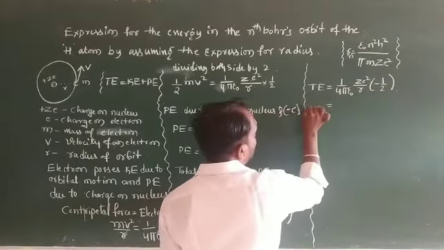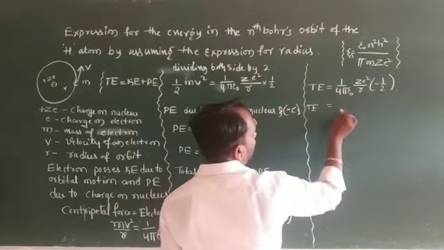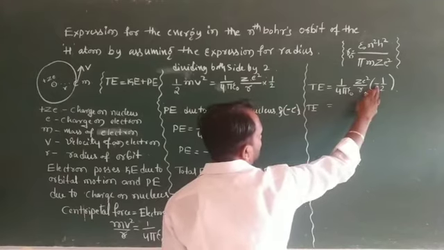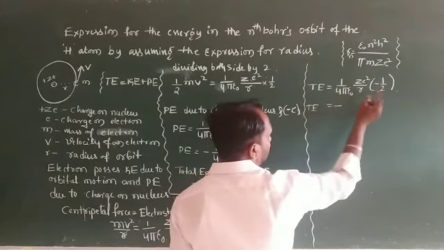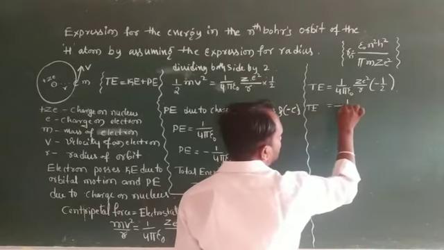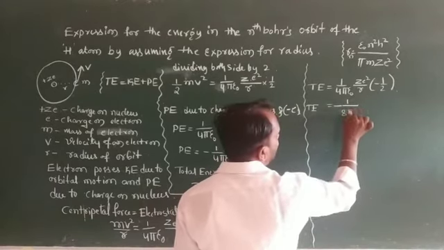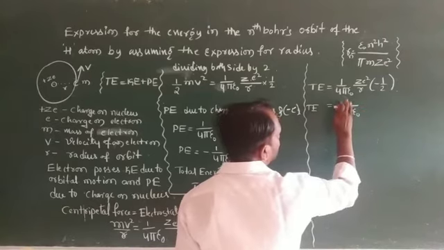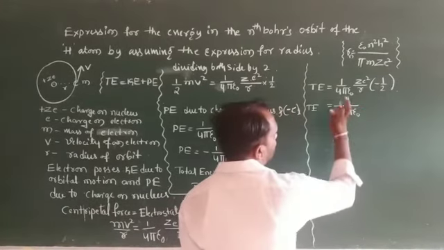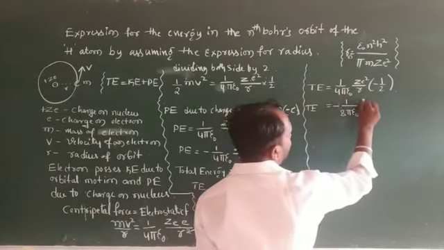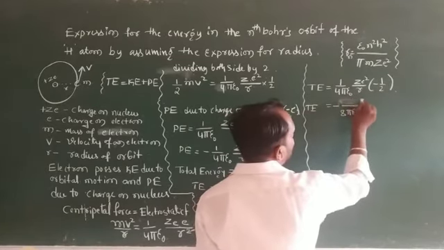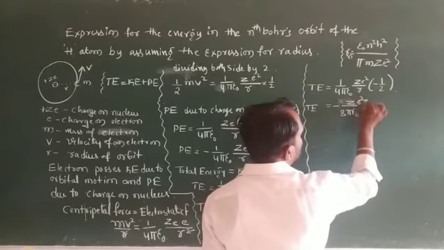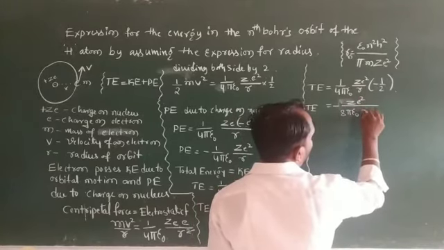So the total energy is equal to minus, 4 into 2, 8, that means 1 by 8 pi epsilon naught Z E square divided by R.